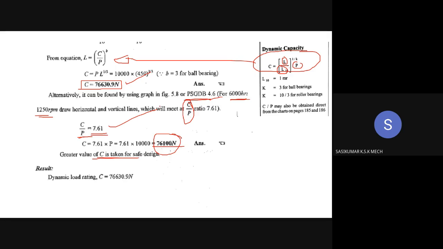Here they are asking only us to find the dynamic load capacity, that is 76,630 Newton. So this is a big mark question. It is also very easy. It is very easy to solve also.